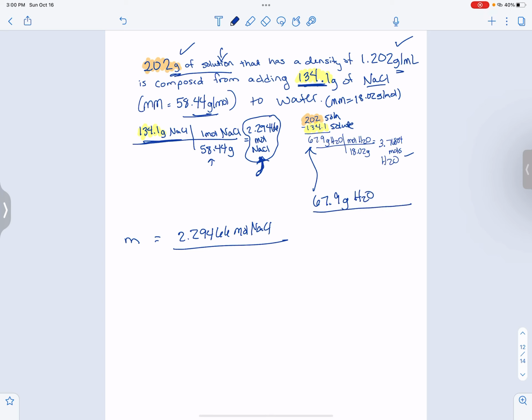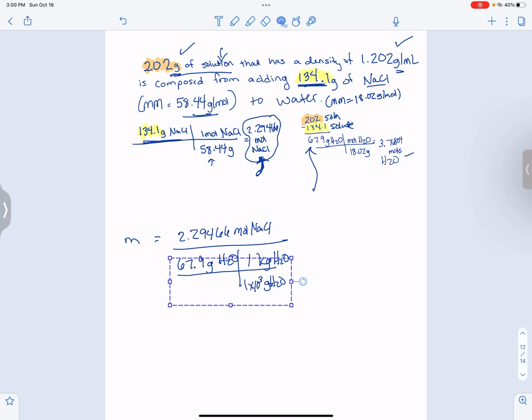And I just need to get that into kilograms because that's what it needs to be in to be a molality term. And so that is my conversion right there. So I'm going to take that, and that's going to go on the bottom over here. And again, I'll need a parentheses around this whole thing.